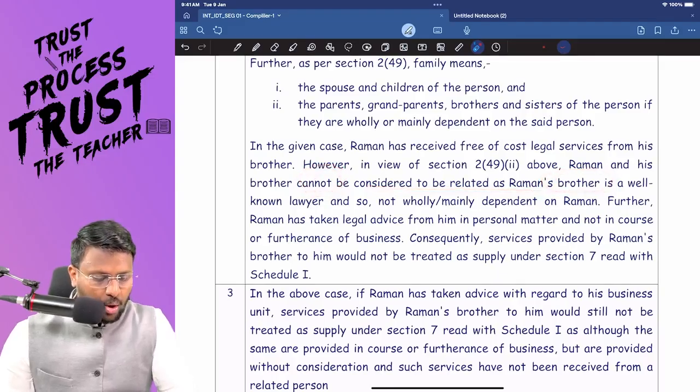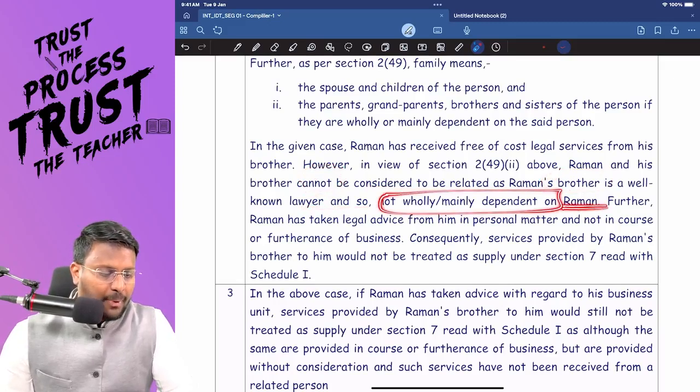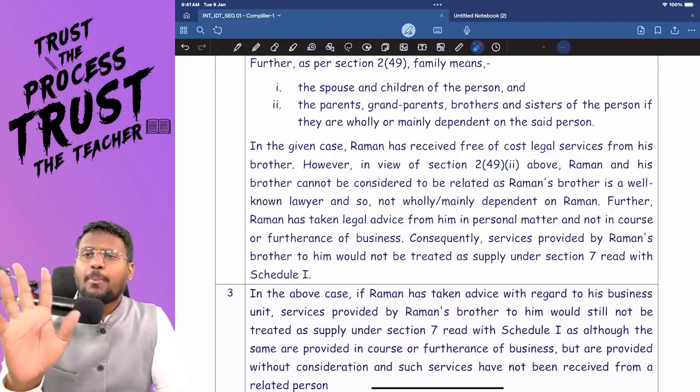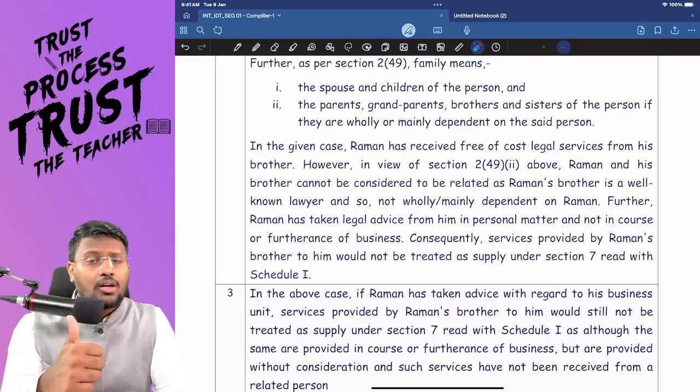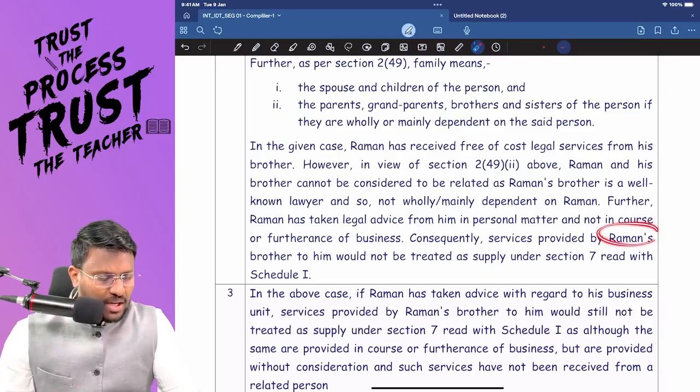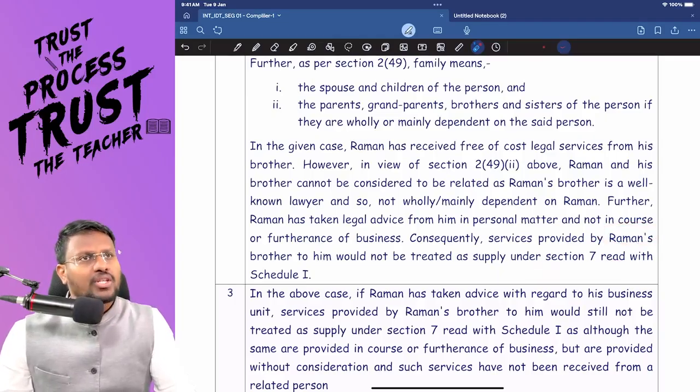He is a well-known lawyer and so not wholly or mainly dependent on Raman. Further, Raman has taken legal advice from him in a personal matter and not in the course or furtherance of business. This is the second problem. First problem, first of all, they are not related. Second problem, consequently, service provided by Raman's brother to him would not be treated as supply under section 7 read with Schedule 1.